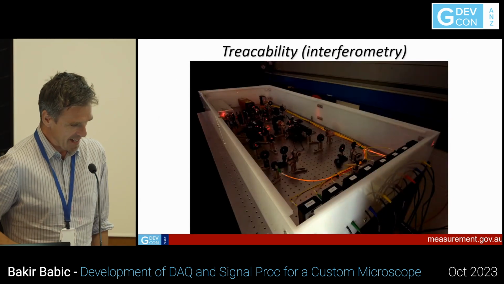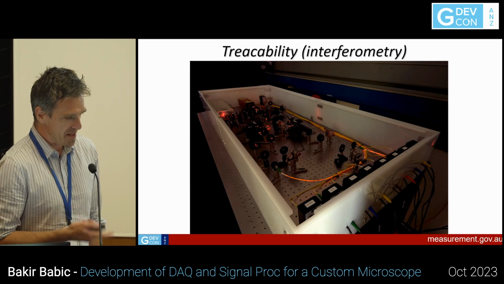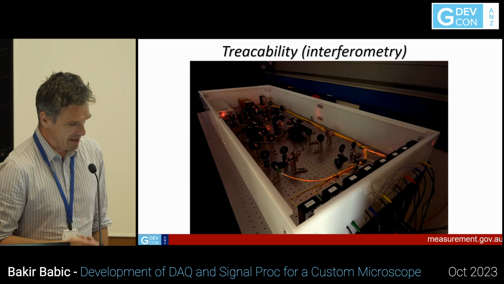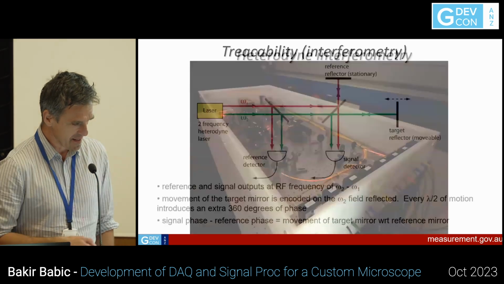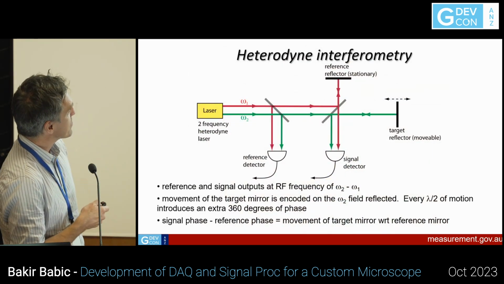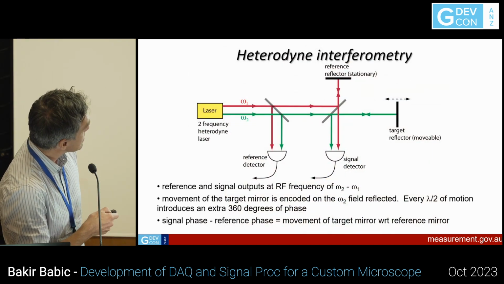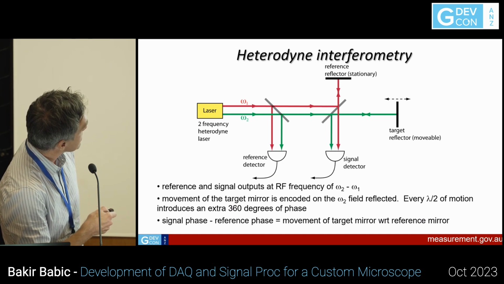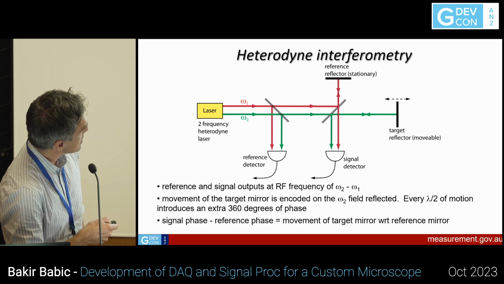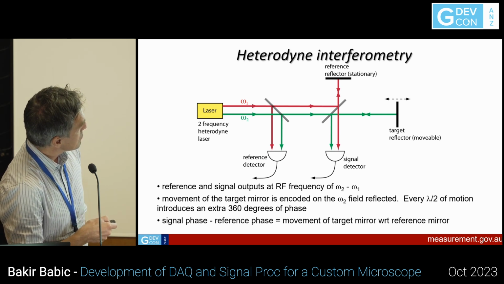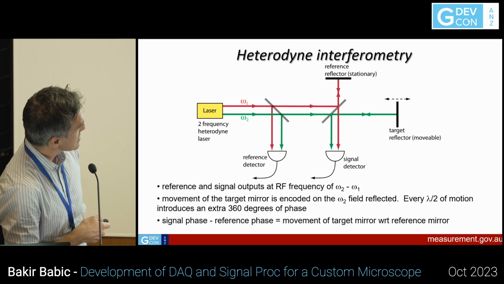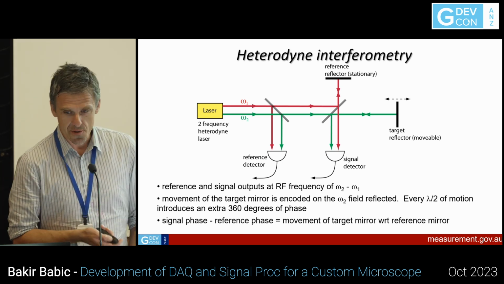I'll just come back again to, for example, interferometry, because that's the really critical component in our instrument. We use heterodyne interferometry. So what you only have to remember is there are two frequencies of light going between the reference and movable mirror. But obviously you can measure the signals, but that doesn't tell you the displacement.